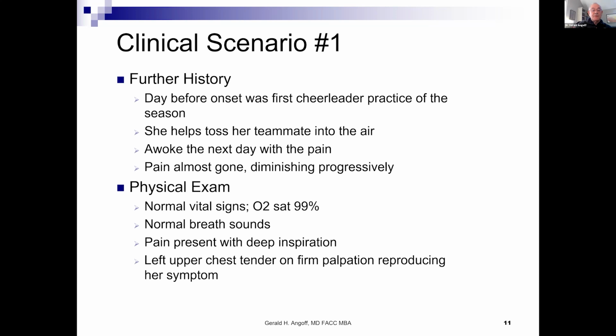Her physical examination was notable for a pain that was present with deep inspiration, and the left upper chest was tender on firm palpation, reproducing her symptom. Treatment was reassurance. The story was most consistent with a musculoskeletal source.